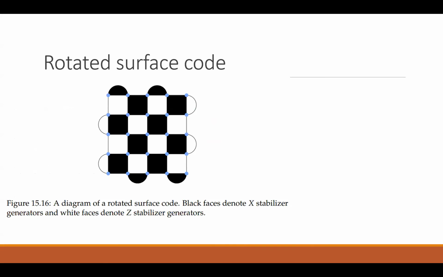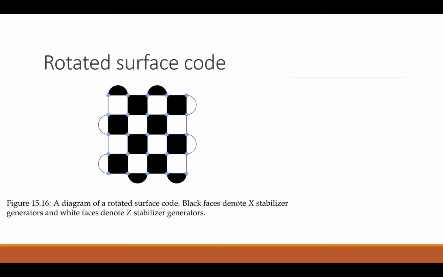And sometimes you will see in some papers that people use this picture. What this picture basically says is that it's the same as the surface code, but they do a rotation. So they put qubits on the vertices, and they use black and white to distinguish different stabilizers.